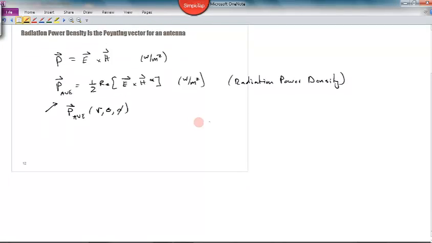Well, what if we want to consider all points in space, which is just the total sphere? To calculate the total power radiated by an antenna, we have to know the Poynting vector for all points in space. So how do I sum up the Poynting vector for all points in space? Well, I have to integrate it, and I have to integrate over 2 dimensions, over all space.